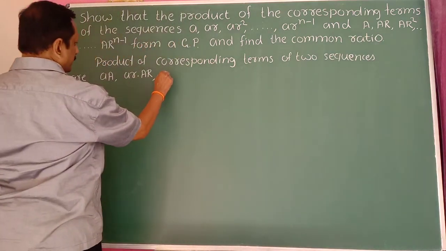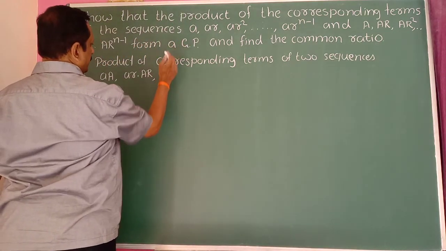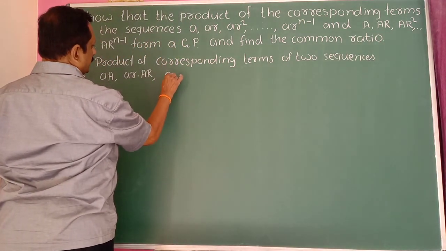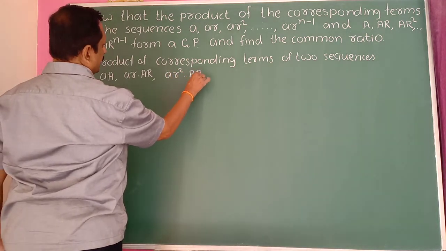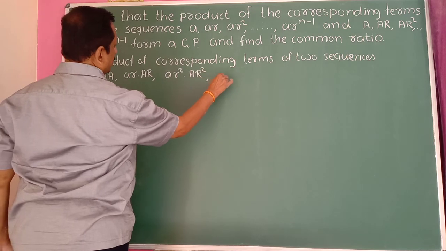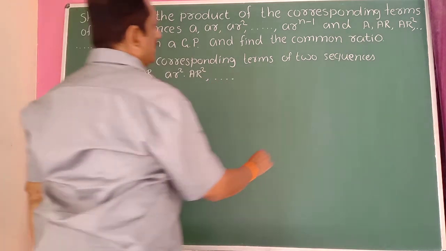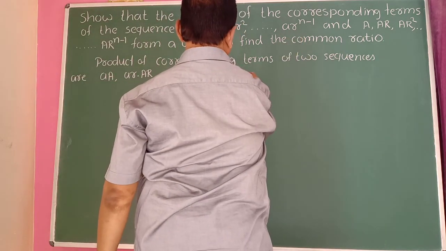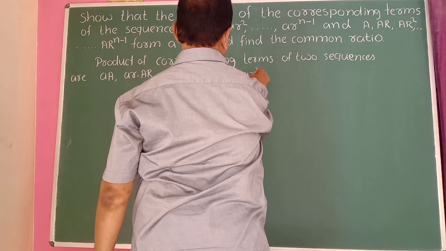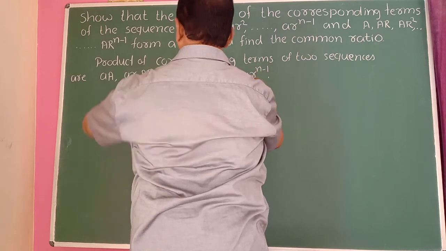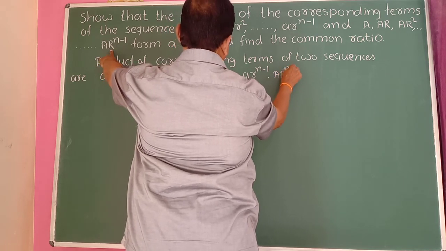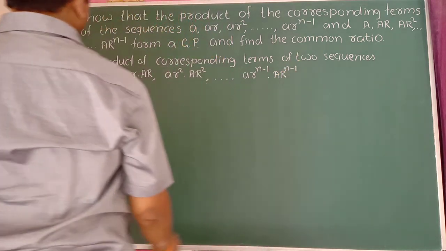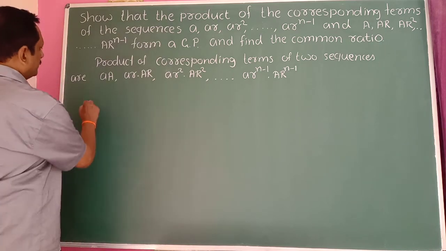So AR square into capital AR square here, comma, and so on here. Then this is the last term AR raised to n minus 1 into this term here AR raised to n minus 1.